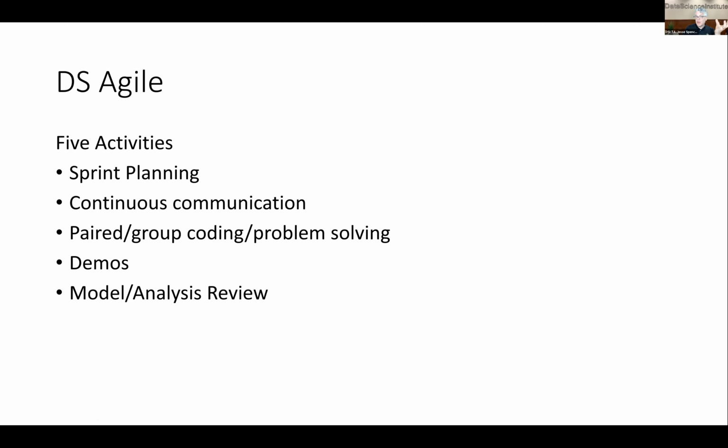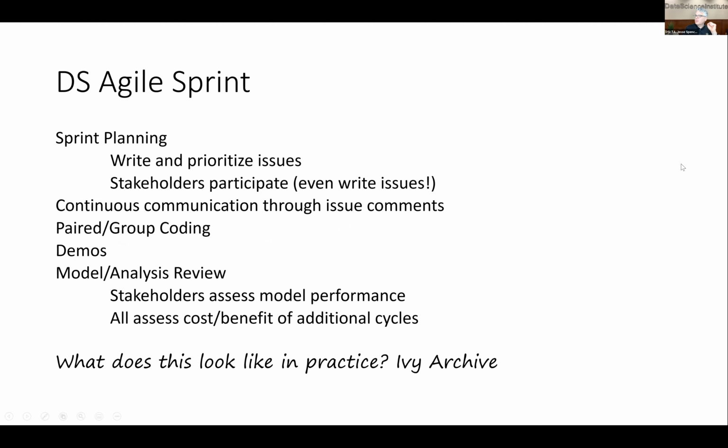So we're going to be working together. And then at the very end, we're going to do demos. And then we have to do a model and analysis review. So at the end of the sprint, how well is the model working? That's something we can actually assess. But we just simplify things a little bit.